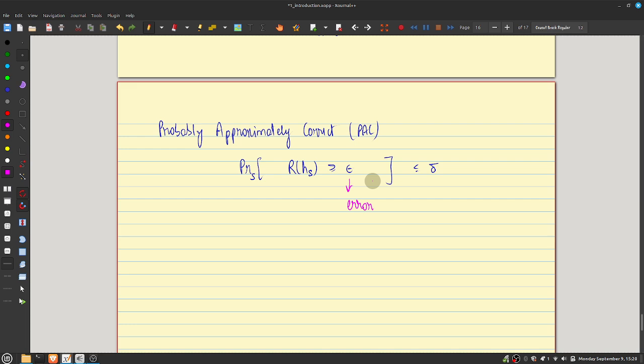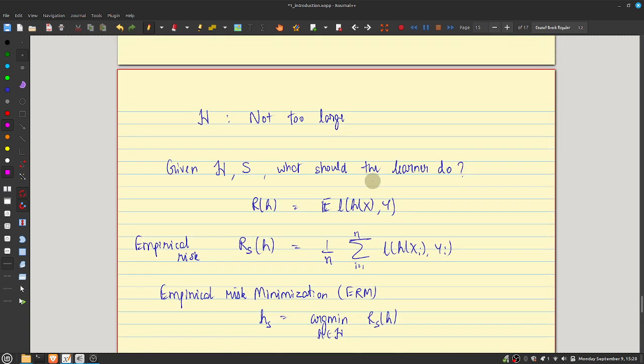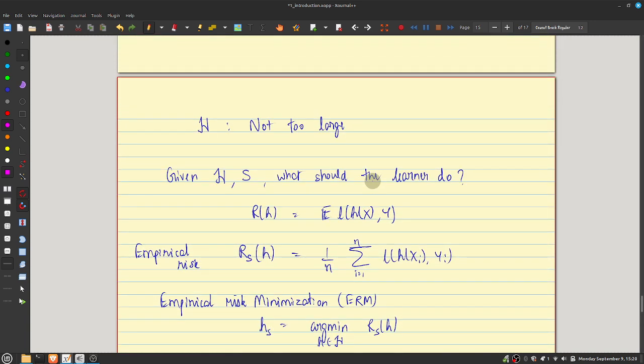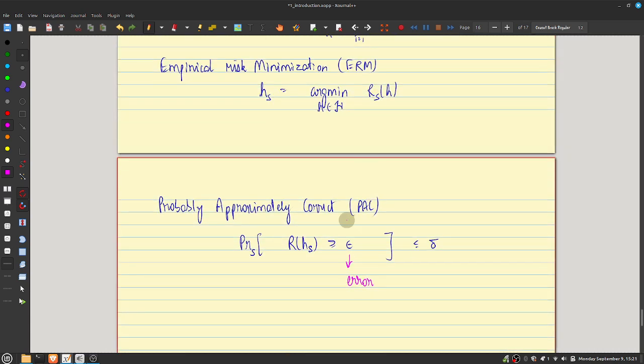Correct. So R of h_S is not the empirical risk. It is the generalization error. It is not evaluated with respect to the training set.